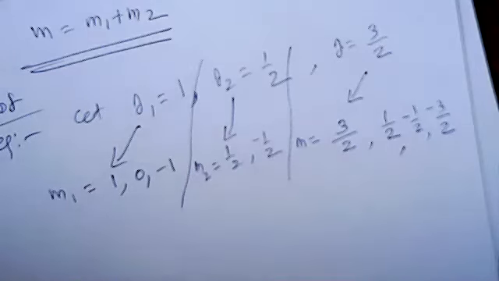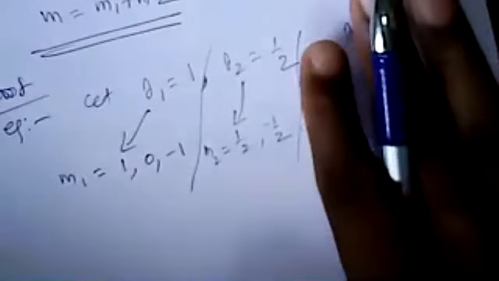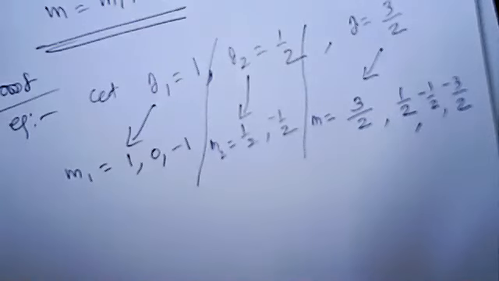Now what are the different states corresponding to the uncoupled representation? Now you don't consider this one, consider only these J1 and J2, M1 and M2. Correspondingly, we have how many states? How many M1, M2 states? Uncoupled states.